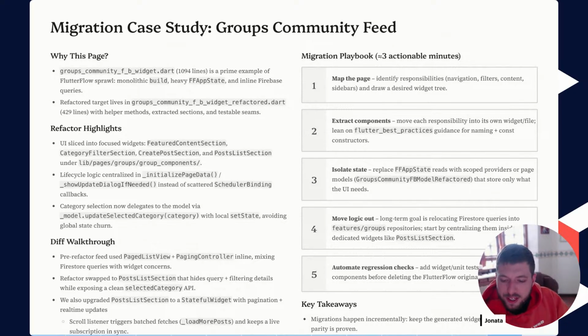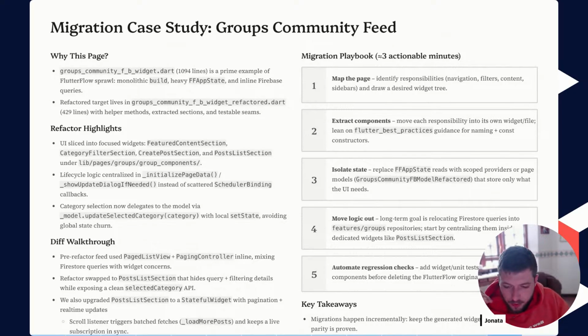A few of the highlights: first, the UI was sliced into different focused widgets. So instead of having one big widget, we broke this down into feature content section, category filter section, create post section, post list section, all listed under the groups component folder.